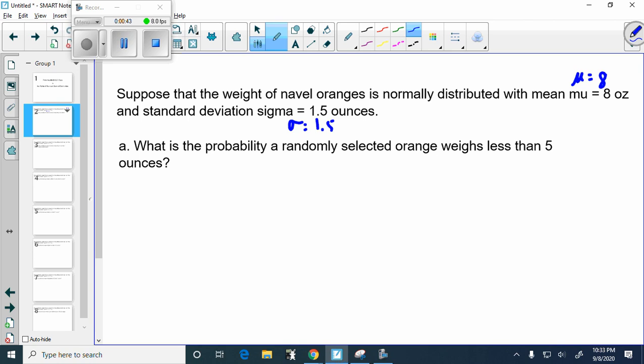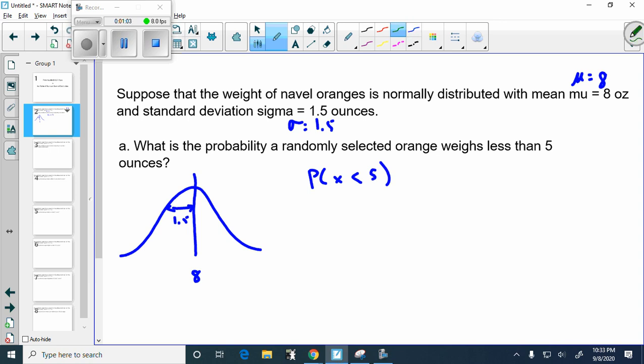So if I draw a distribution, the center is 8, and this is 1.5 ounces. And now the question is, what's the probability that a randomly selected navel orange is less than 5 ounces? What I've written right here is essentially a translation of that English sentence into a mathematical one.